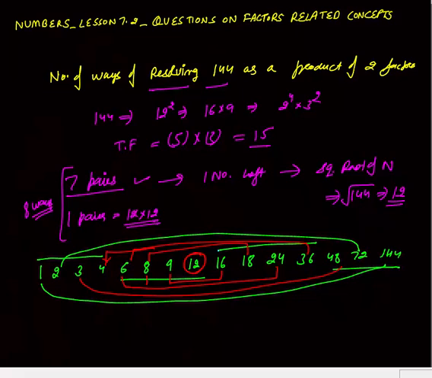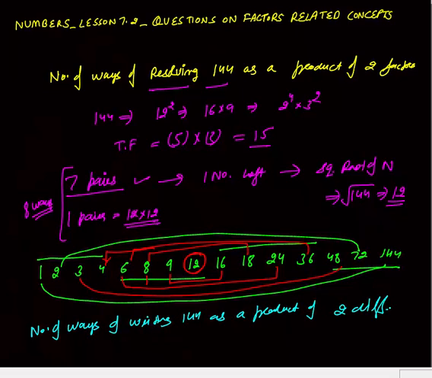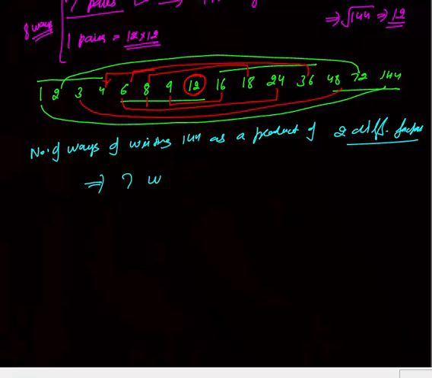If the question comes like this, number of ways of writing 144 as a product of two different or distinct factors, then our answer will be 7 ways, because 12 into 12 will not be counted in this.